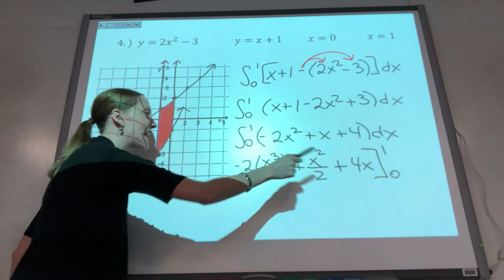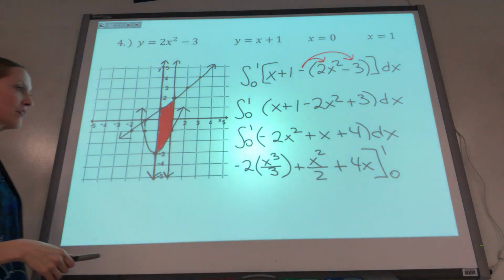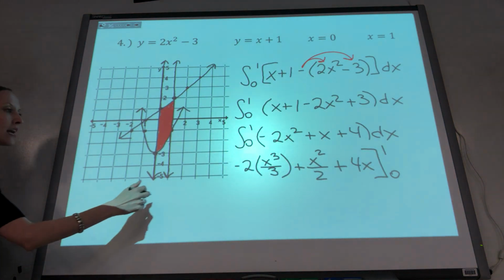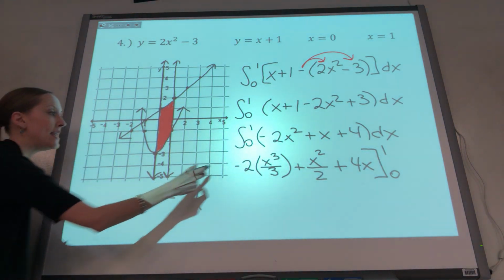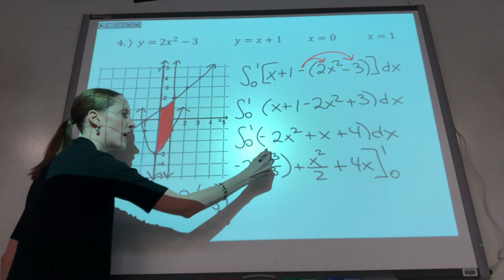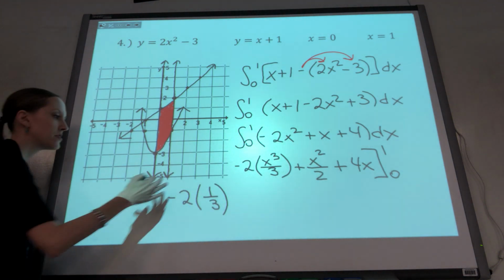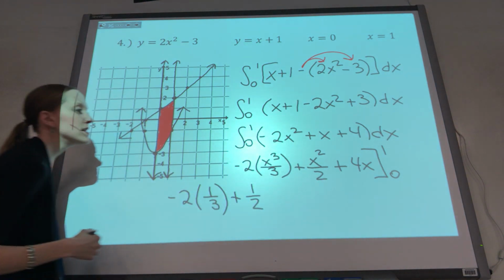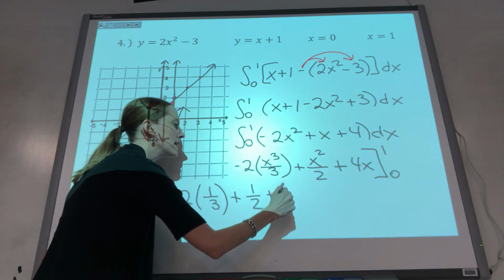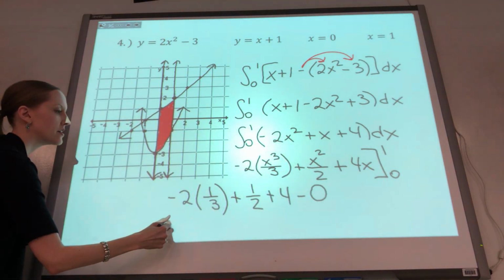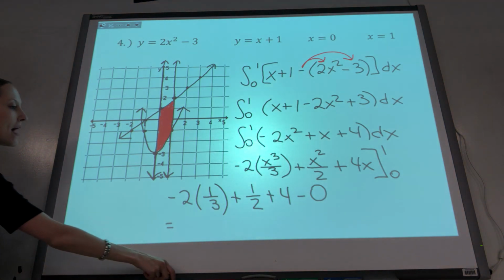Now, I won't really have to worry about plugging in the 0, because everything turns into 0. All I need to do is plug in the 1. So we've got -2 times 1/3, because 1 cubed is still just 1, so 1/3, plus this is going to turn into 1/2 plus 4. And again, you can subtract the 0 if you want, but it's not going to matter.